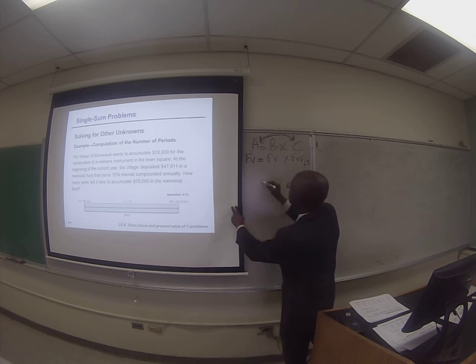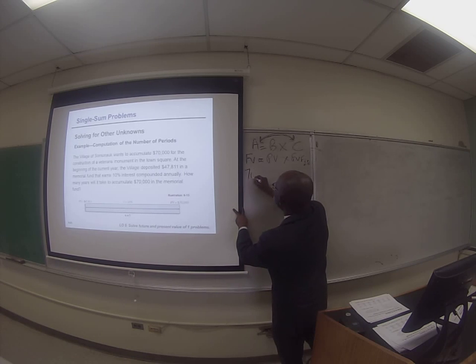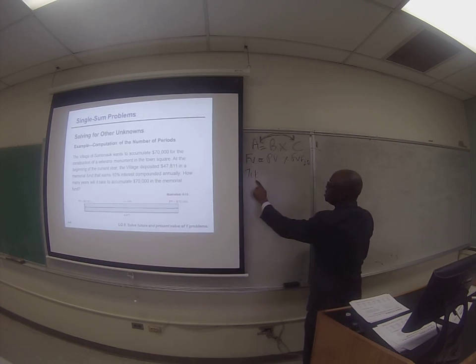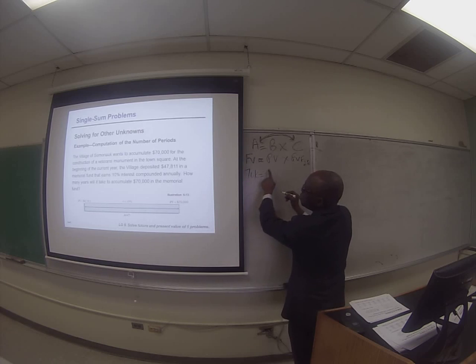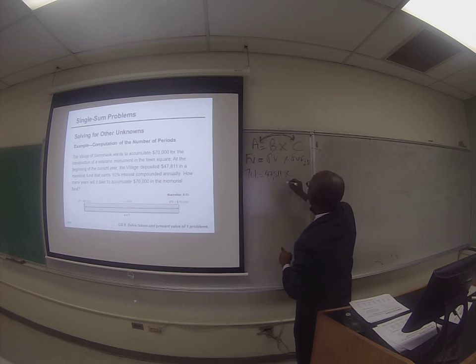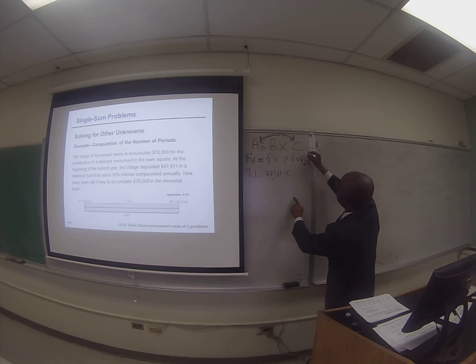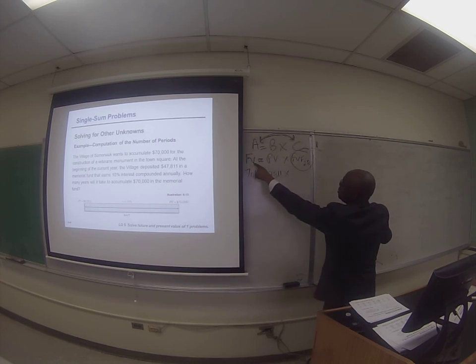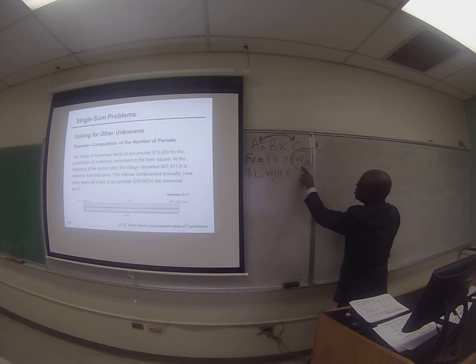So let's work this out. 70,000 is the future value. The present value is 47,811. Then C right here has to be the future value interest factor.